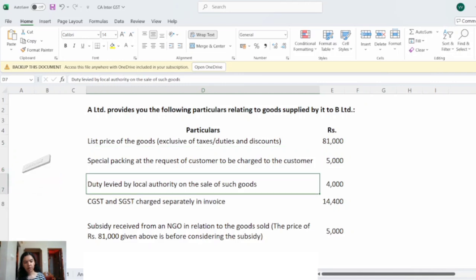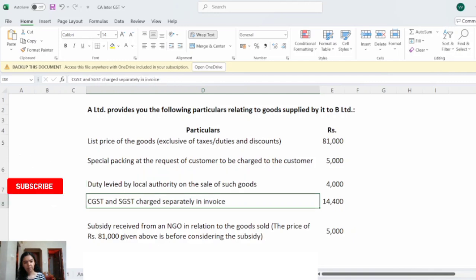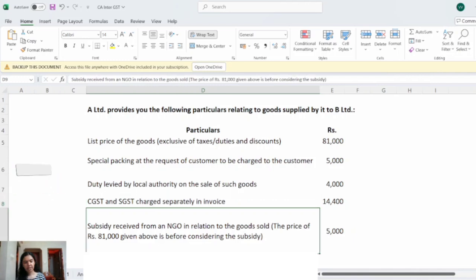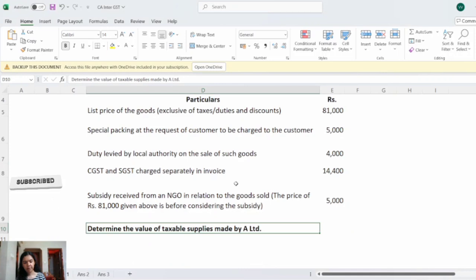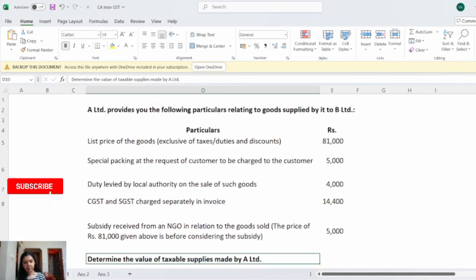Duty levied by the local authority on sale of such goods, rupees 4,000. CGST and SGST charged separately in the invoice, rupees 14,400. Subsidy received from an NGO in relation to the goods sold. The price of rupees 81,000 given above is before considering the subsidy, rupees 5,000. Determine the value of taxable supplies made by A Limited.